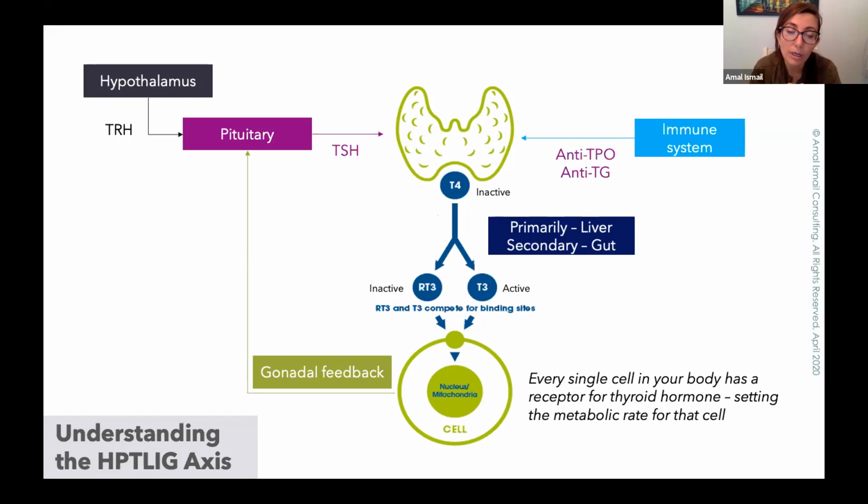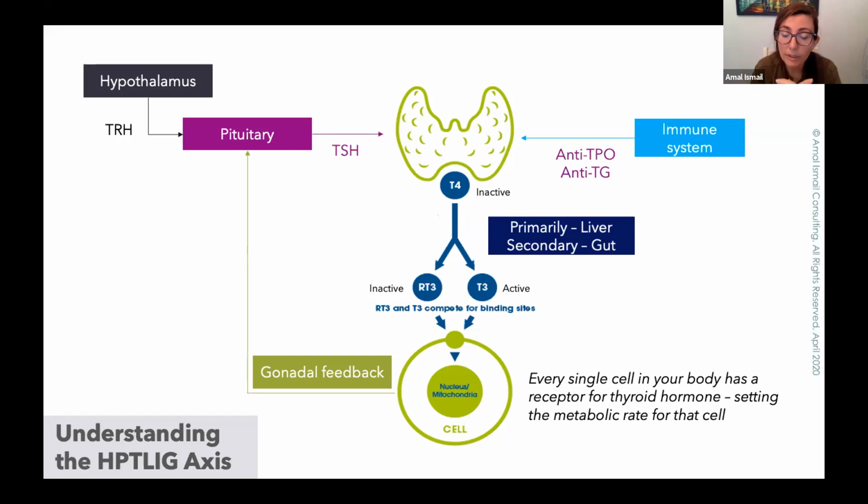Think of it as your battery. That's where you generate energy, and we require T3 in order to generate that metabolic energy. Interesting fact to know, melatonin that's made during your sleep actually is needed to convert T4 to T3.